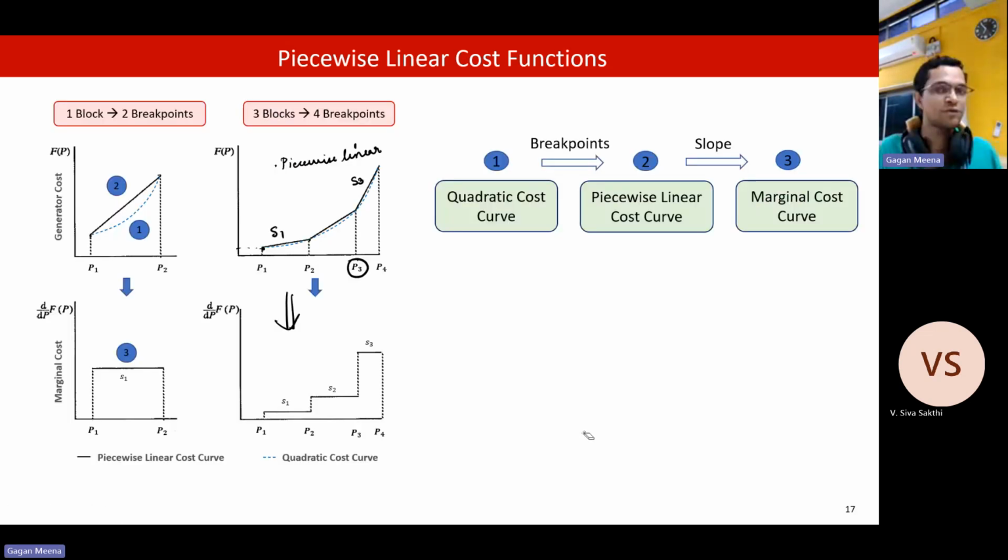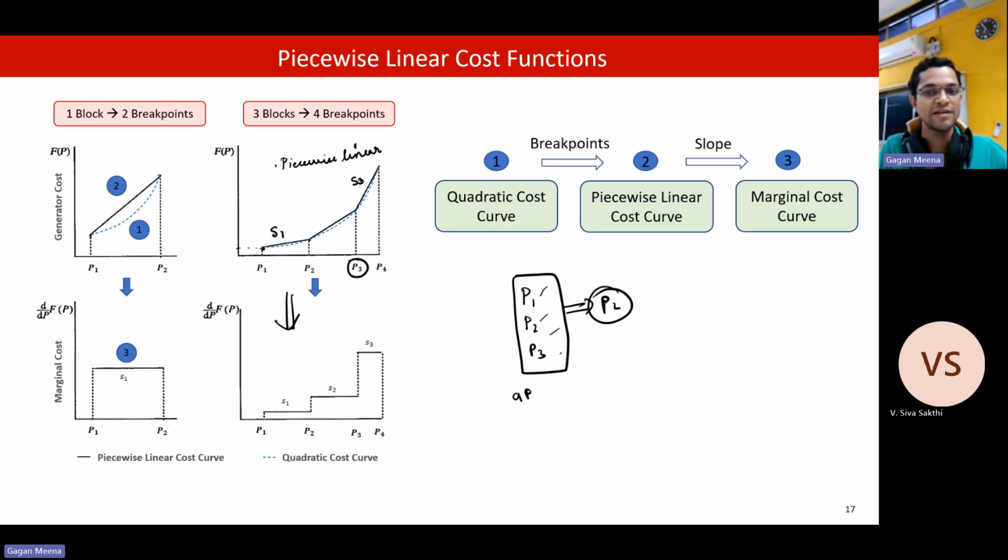Now, how can we use these piecewise linear cost curves? What we were doing previously, we had three generators, P1, P2, and P3, and we wanted to know how they are going to supply this load, how much they should generate.